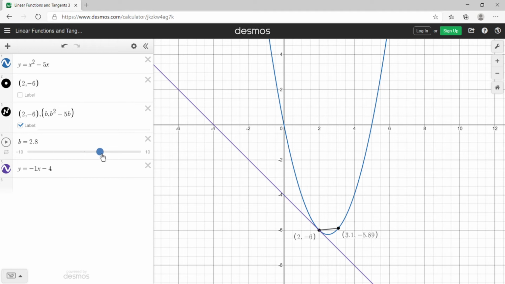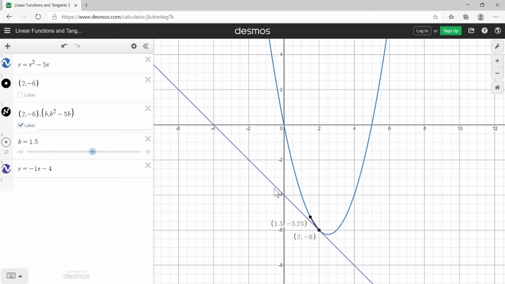So we can have a scenario where we have the secant going up like that. And now the slope of this secant line is different from the tangent line. But as I'm approaching the point of tangency from the left, the slope of that secant line will gradually become closer and closer to the slope of the tangent line.